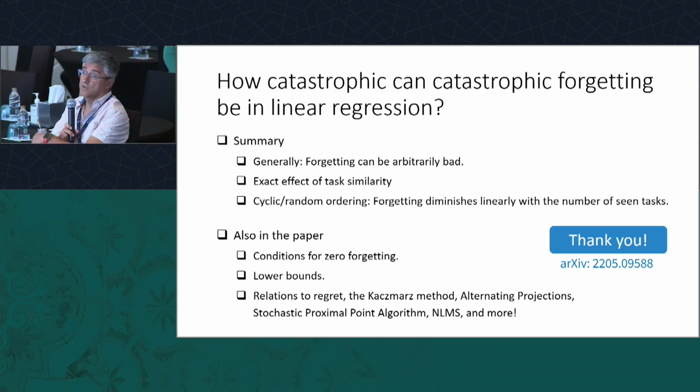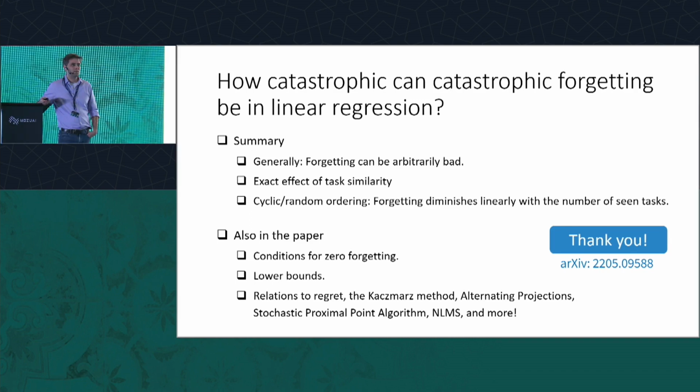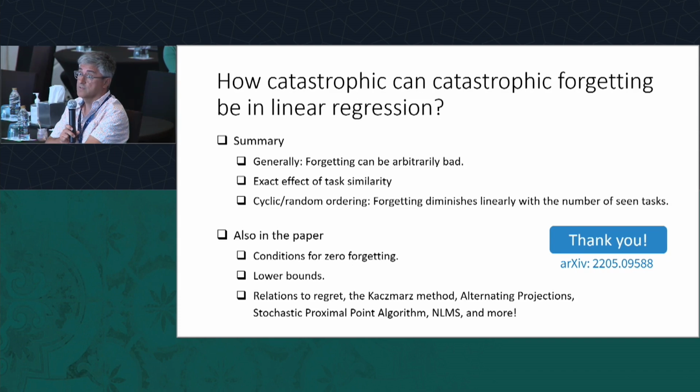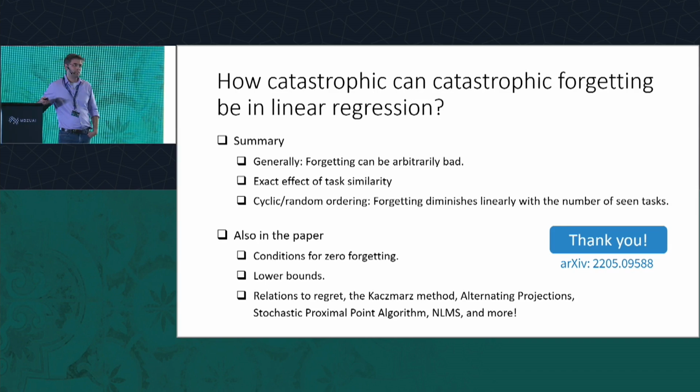At the end of the day, you're trying to find a solution W that is in the intersection of a collection of linear subspaces. And every time you get a new task, you're just reducing the dimension of the intersection. I see. Yeah, I guess that could help. I think there are still some issues there, we can discuss this offline. Okay. Any more questions?